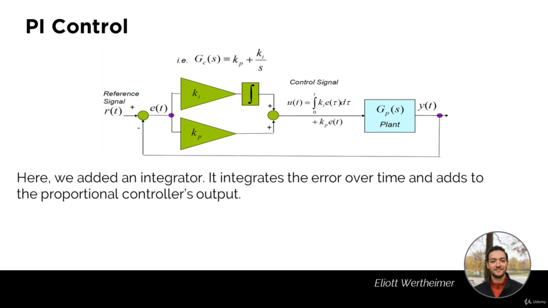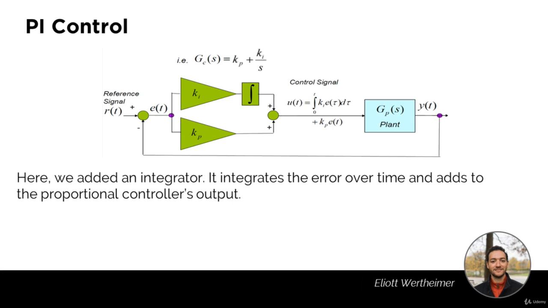This gives us the control signal u(t) equal to the integral of Ki multiplied by the error, plus Kp multiplied by the error. We feed that into the plant of the system, and this outputs Y(t), and we feed that back again into the error, and so on.